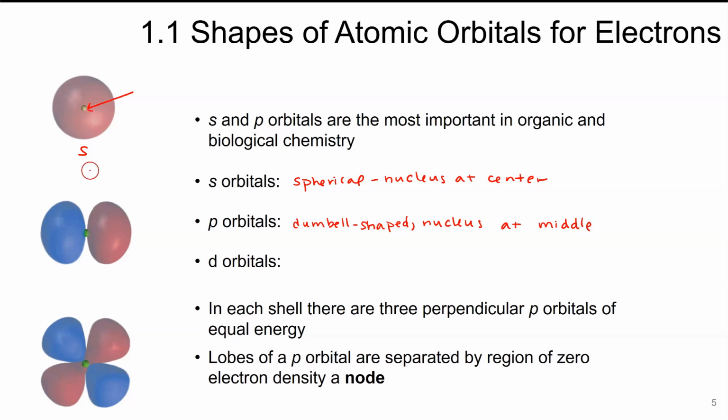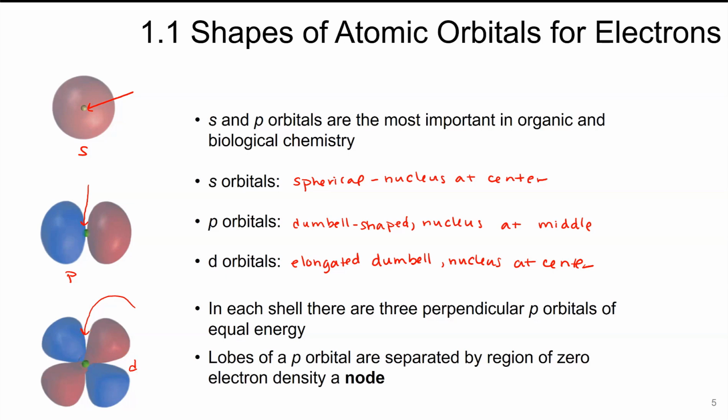So you can see that nucleus there, and then for the p orbital here. And d orbitals are elongated dumbbell shaped, and the nucleus is at the center there as well. This one is the d orbital, and there's the nucleus in the center in green.